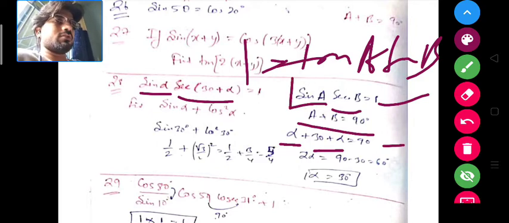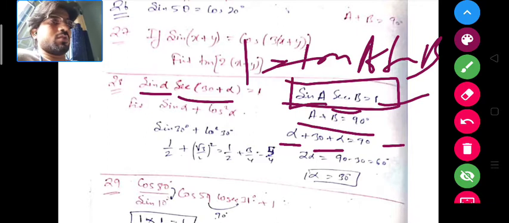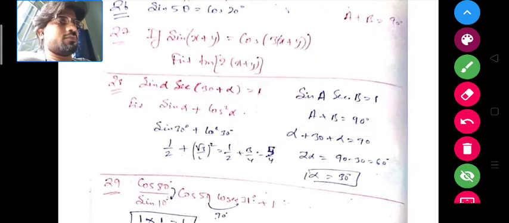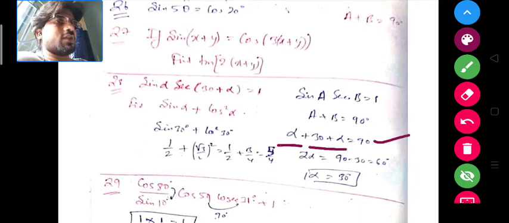This is the formula for complementary pair. Whenever sine A and sec B is equal to 1, then A plus B will always be 90 degree. So you solve it by putting the value of A and B. In place of A you put alpha, and in place of B you put 30 plus alpha, which is equal to 90 degree.